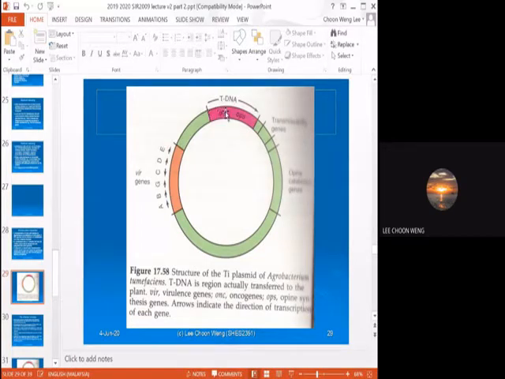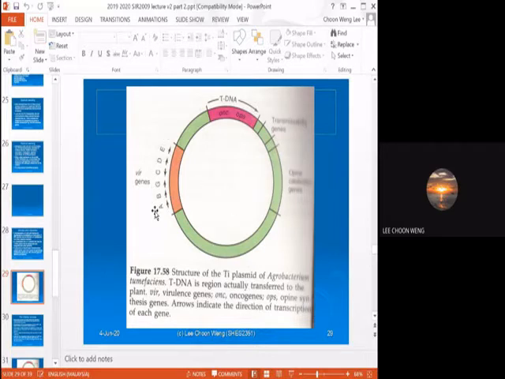So not only does the tDNA trick the plant into making more opines, it tricks the plant into making a lot of cells that will produce opines. So the amount of opines that is synthesized increases. Okay, so this is how the tDNA is integrated into the plant genome and tricks the plant into making more cells, more opines for the bacteria.